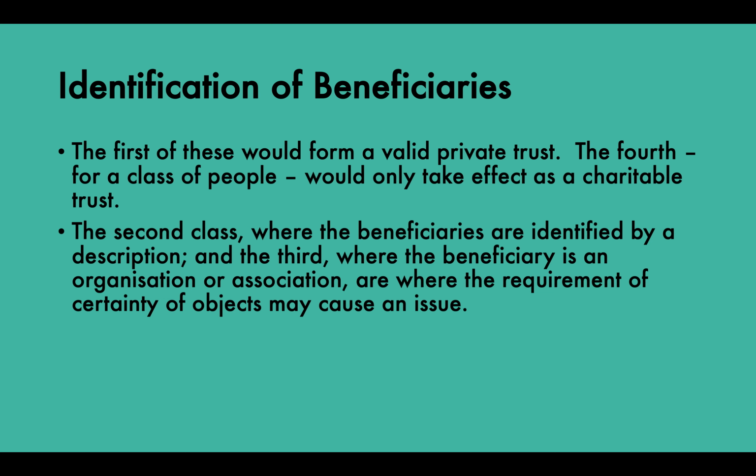Now, the test to be applied to determine certainty of objects depends upon the nature of the trust. With a fixed trust, it is and always has been that a trust is void unless it is possible to ascertain every beneficiary. And with a discretionary trust, the House of Lords decided in McPhail v Doulton that the test was, can it be said with certainty that any individual is or is not a member of the class?